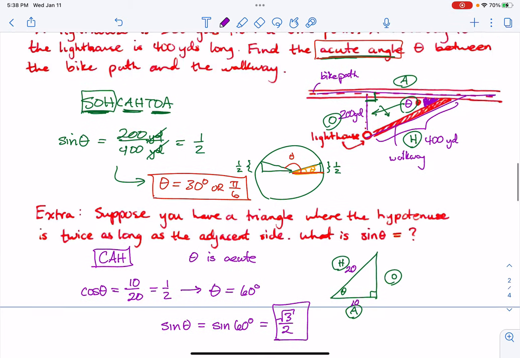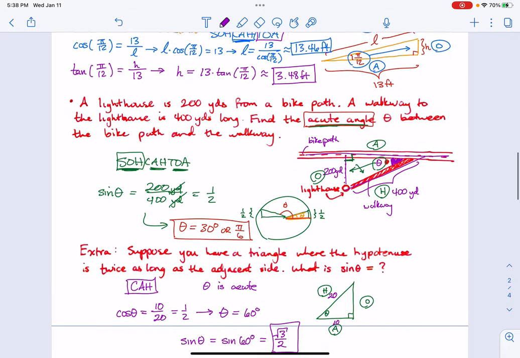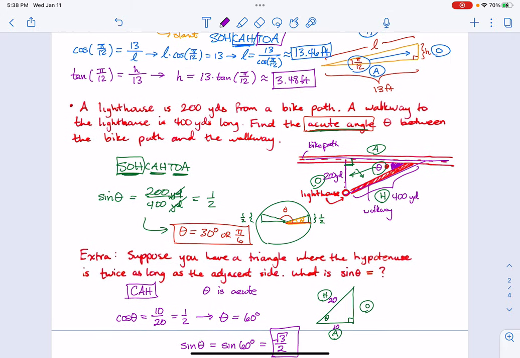So hopefully this helped. With these kinds of problems, I highly, highly recommend that, number one, you make sure you're in the right mode. Number two, you draw a picture of some kind. You've got to draw a picture of that triangle somehow. And then number three, I always label the three sides. So hypotenuse, then label the opposite, then label the adjacent.